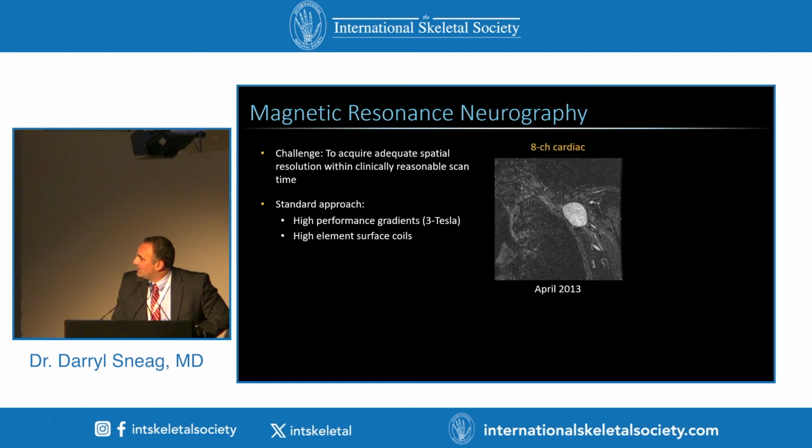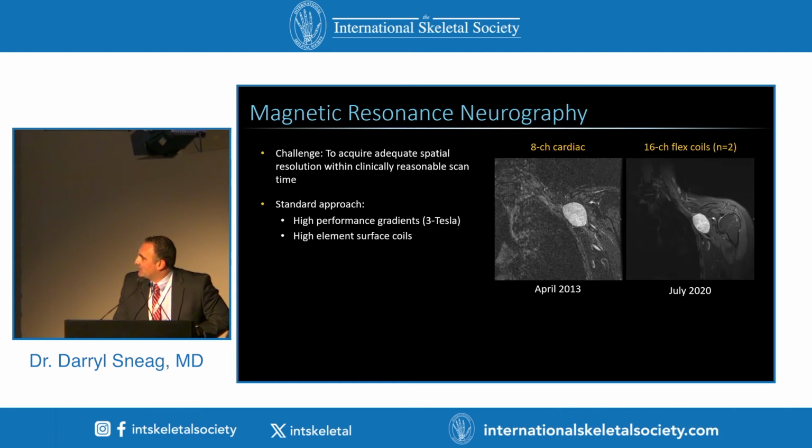This is a patient imaged in April 2013, followed up about 7 years later for surveillance of a large peripheral nerve sheath tumor. Note that just by using a combination of 2 flexible 16-channel coils, compared to a more conventional setup of an 8-channel cardiac coil, you can get markedly improved SNR.